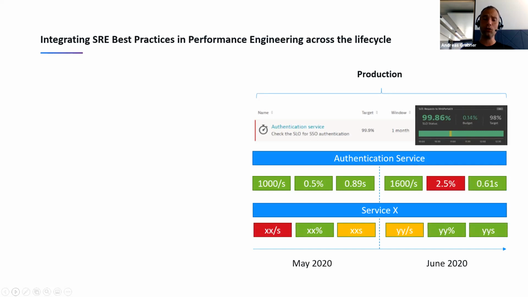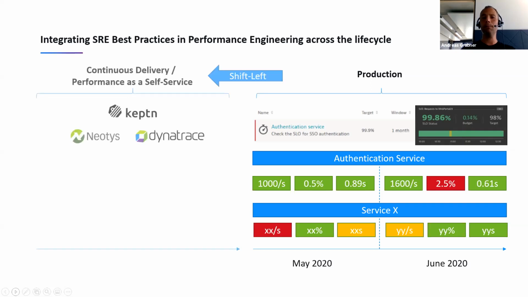You can do this for individual services, for applications, and so on. But what we think from a performance engineering perspective, while it is great that we have a kind of de facto standard here with the terminologies SLIs and SLOs, even though in the end it's just a metric compared against a threshold over a certain period of time.